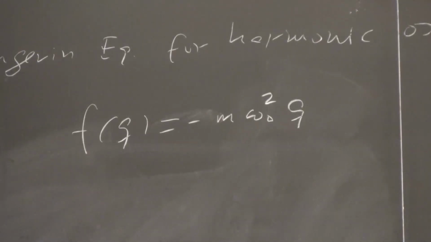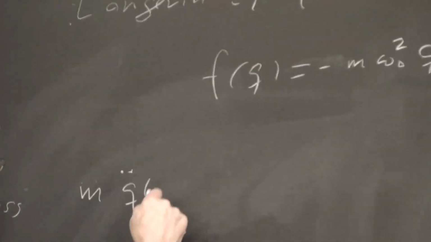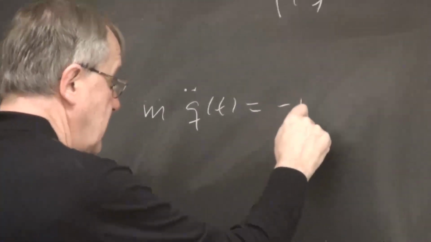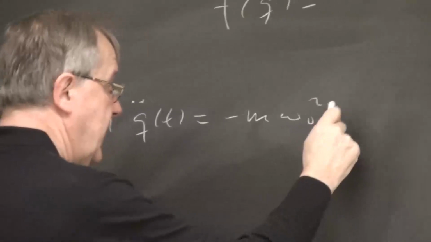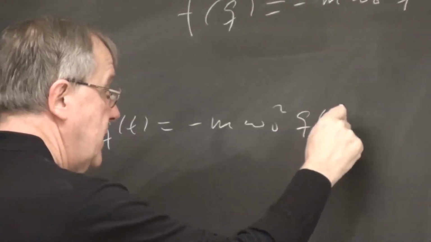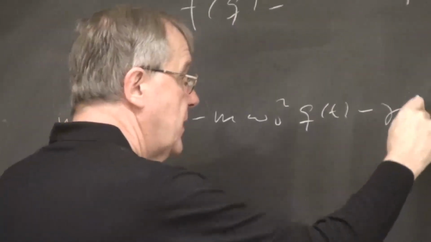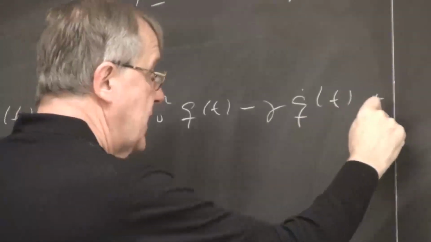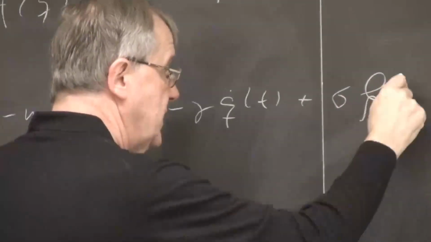So this characterizes the harmonic oscillator. And so if we now solve the equation, then we have to solve the equation m q double dot of t is equal to minus m omega 0 squared q of t minus gamma q dot of t plus sigma psi of t.